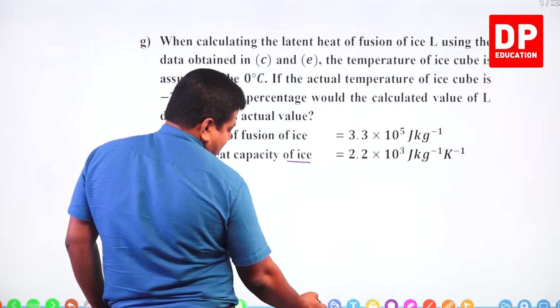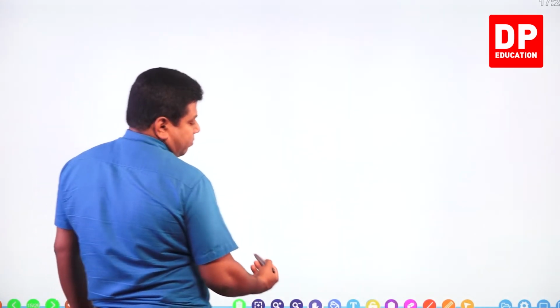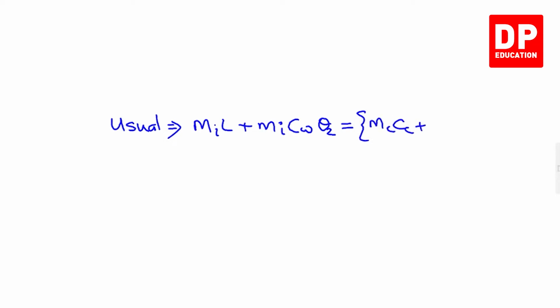Now look at this. Let's do an analysis and come back. Our usual working is this: M_i L plus M_i C_w theta 2 equals M_c C_c plus M_w C_w into theta 1 minus theta 2.